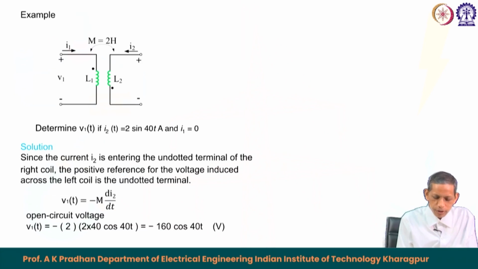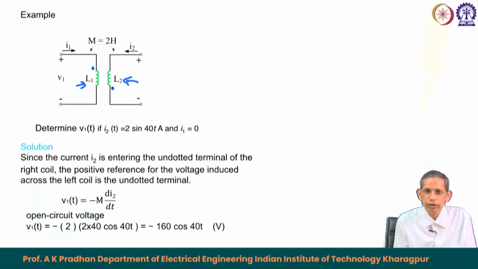So, here we have an example on mutual inductance. The circuit is shown here. We have L1 and L2, two self inductances, and current I1 is entering the dotted terminal, and current I2 is leaving the dotted terminal in the second coil. The question asked is to determine V1(t) if I2 equals 2 sin 40t amperes and I1 equals 0.